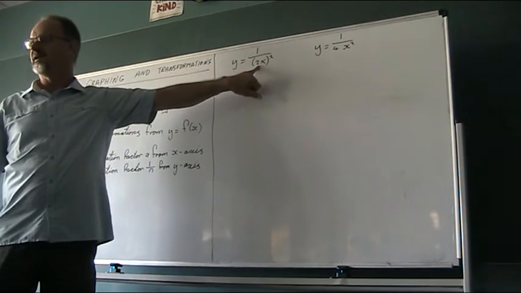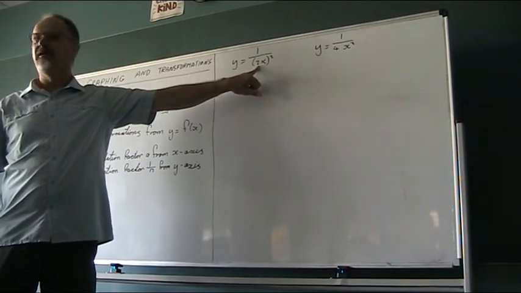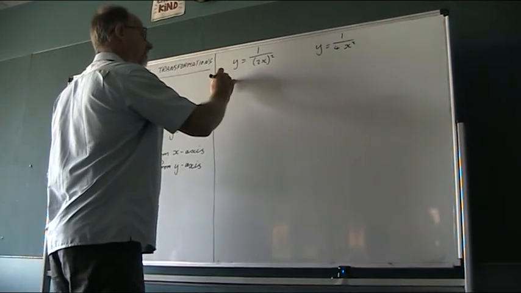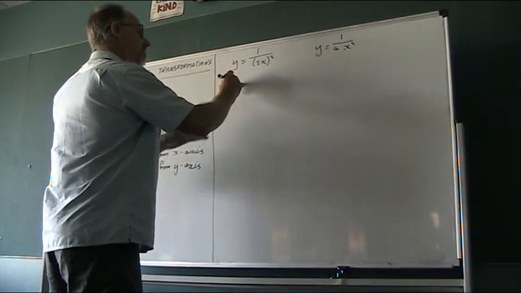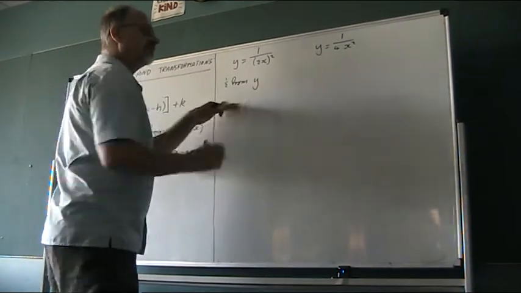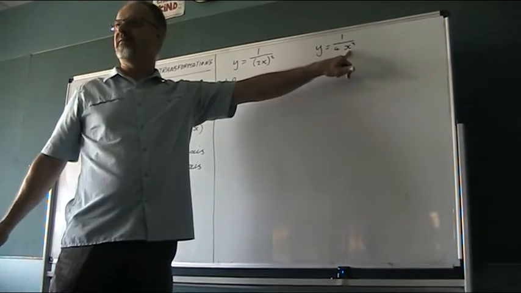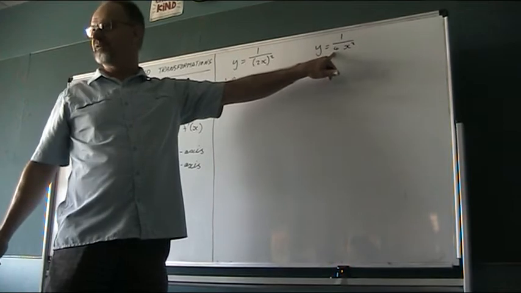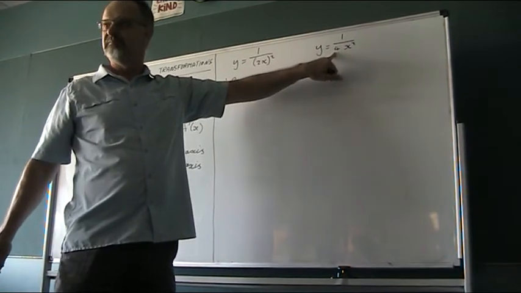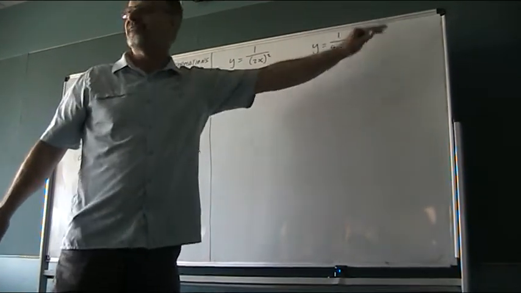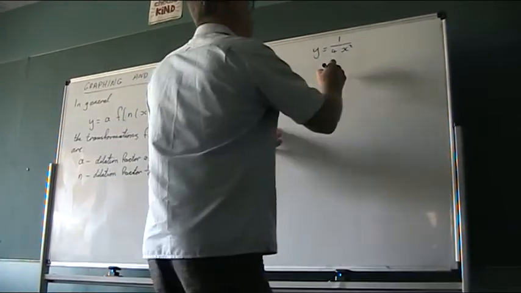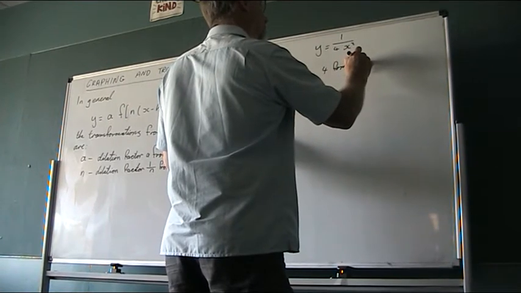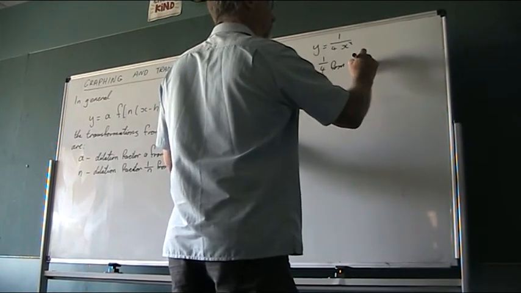So this one's a dilation of a half from the y-axis. Whereas this one here, we've done the function, we've done the squaring first, then we've timesed it by 4. So we're timesing it after we've done the function bit. So this is, sorry, not 4, 1/4 from x-axis.